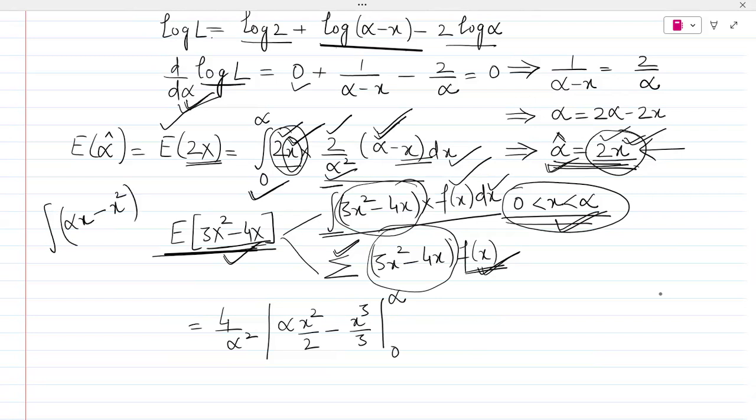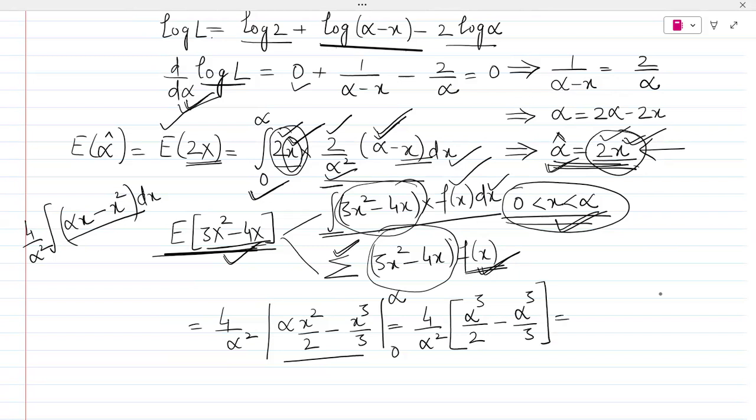This integration we are conducting, and 4 by alpha square is here. So now it is alpha cube by 2 minus alpha cube by 3.